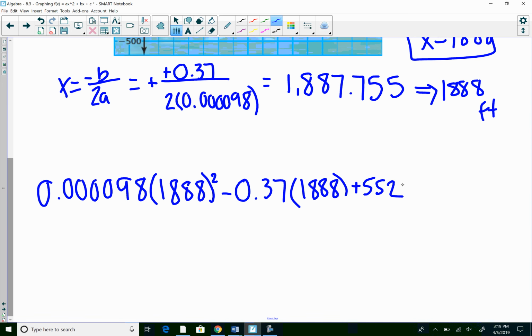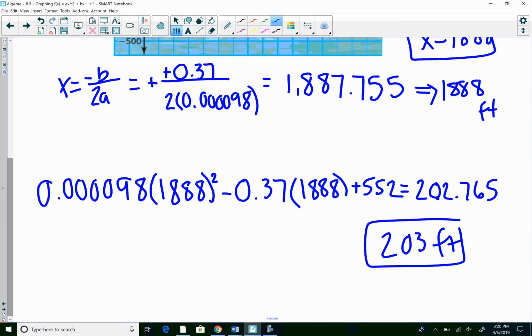Depending on what you used, you probably came up with something close to 202.765. We'll just round that up so that it's 203 feet. So that ordered pair would be 1,888 and then 203.